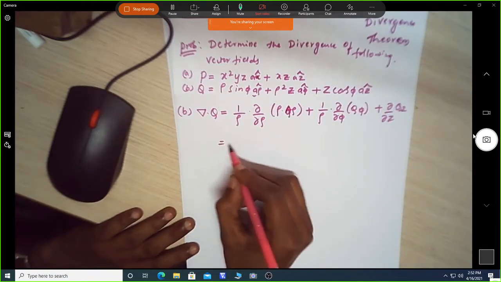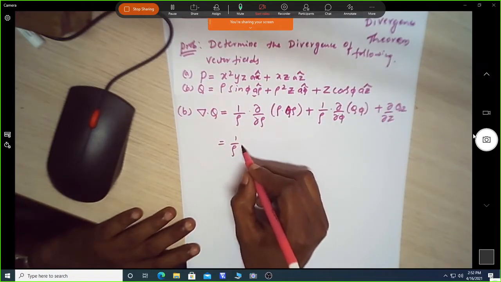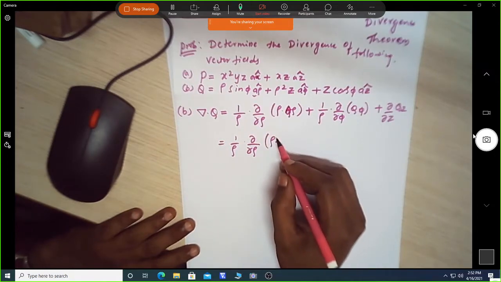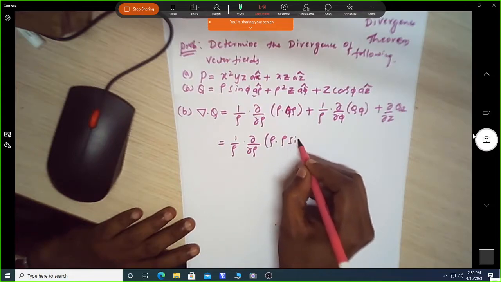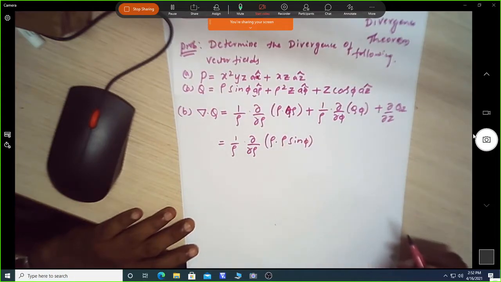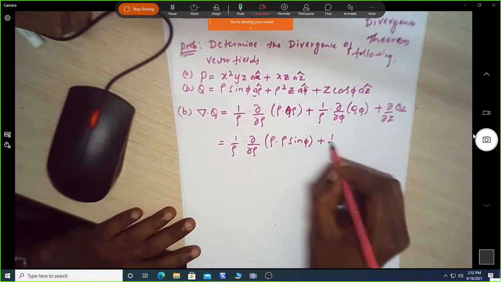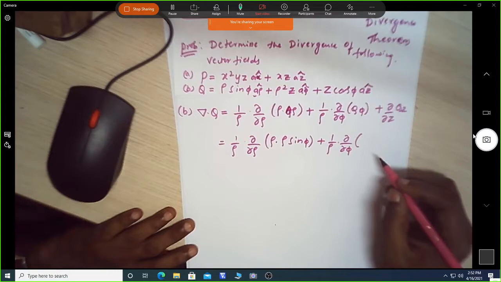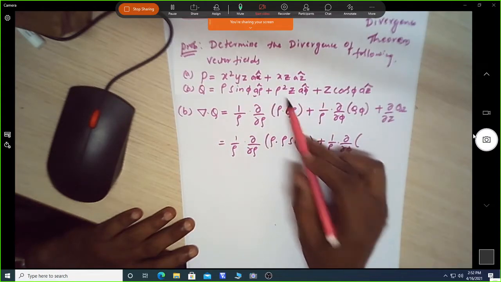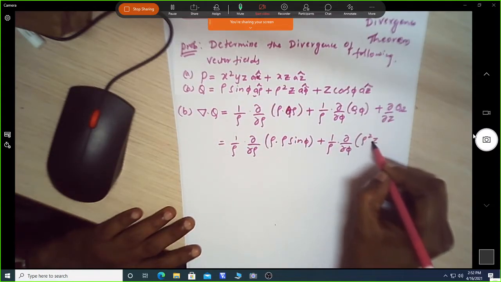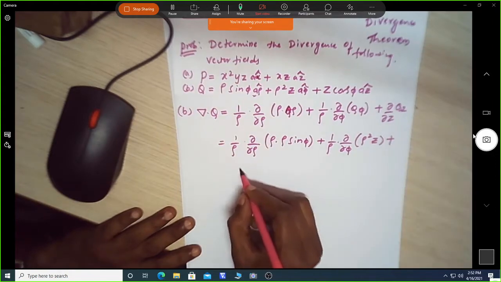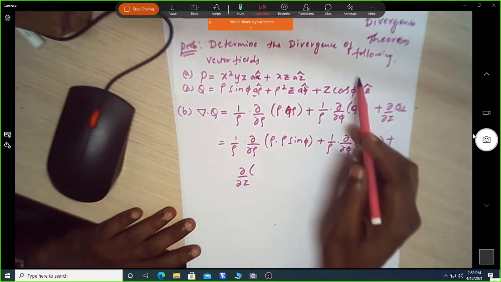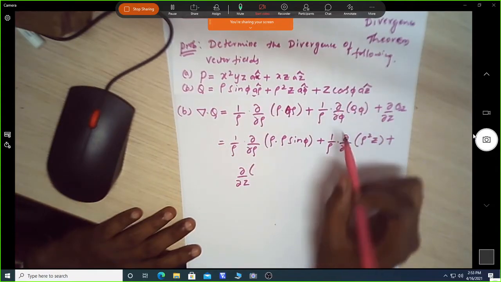So now we can write 1 over rho into del by del rho of rho into the rho component, which is rho sin phi, plus 1 by rho into del by del phi of the phi component, which is rho square z, plus del by del z of the z component, that is z cos phi.